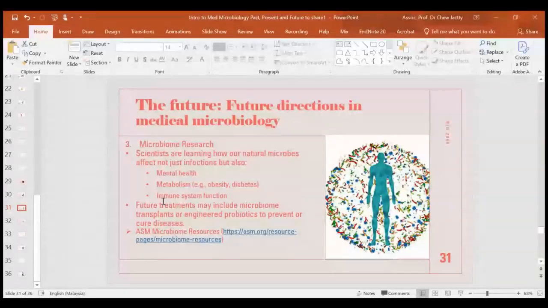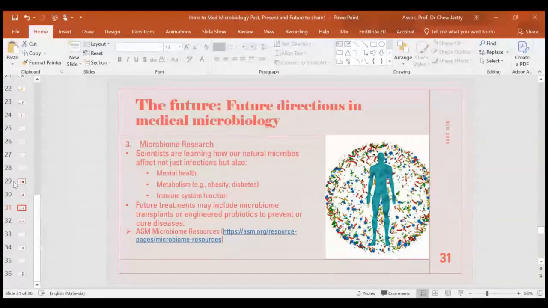So the future treatment should also include microbiome transplant or engineered probiotics to prevent or cure diseases. Engineered probiotics are meant to modify your microbiome to a healthier microbiome. So there is a lot of ongoing research in this area. I think it is very exciting.